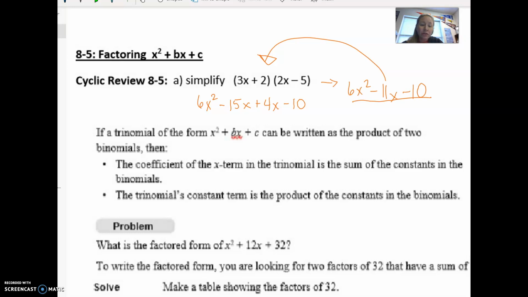And the trinomial's constant term is the product of the constants in the binomials. So we know that 5 and 10 are constants because they don't have a variable. And we multiply those. That's how we ended up with 10 to begin with. So it's basically going over how you use the FOIL method or distributive property method to get them in the first place and reversing that process.